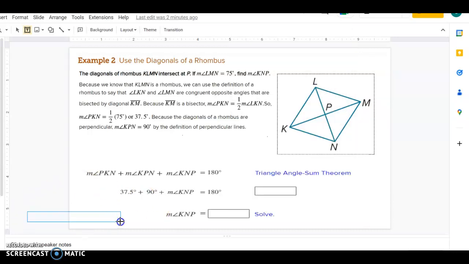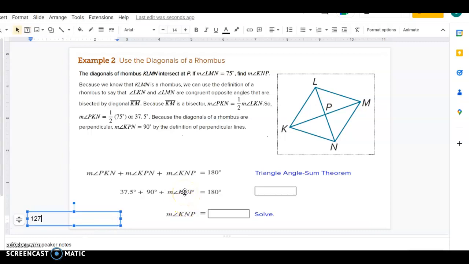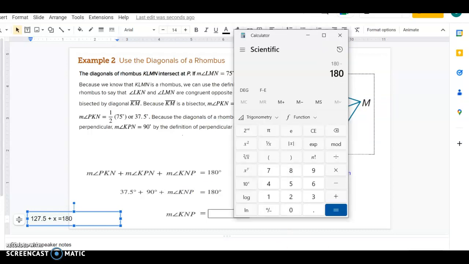So now I have, and we'll treat this as x, 127.5 plus x equals 180. So I'm going to take 180 and subtract 127.5, and it gives me 52.5.